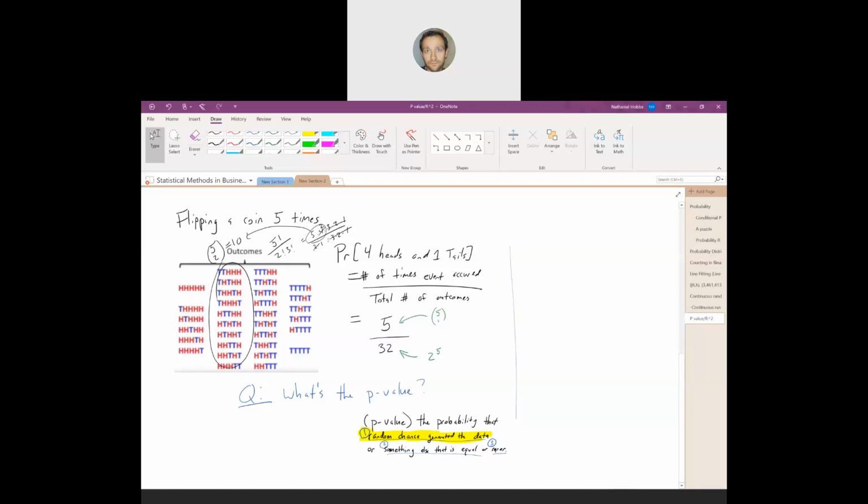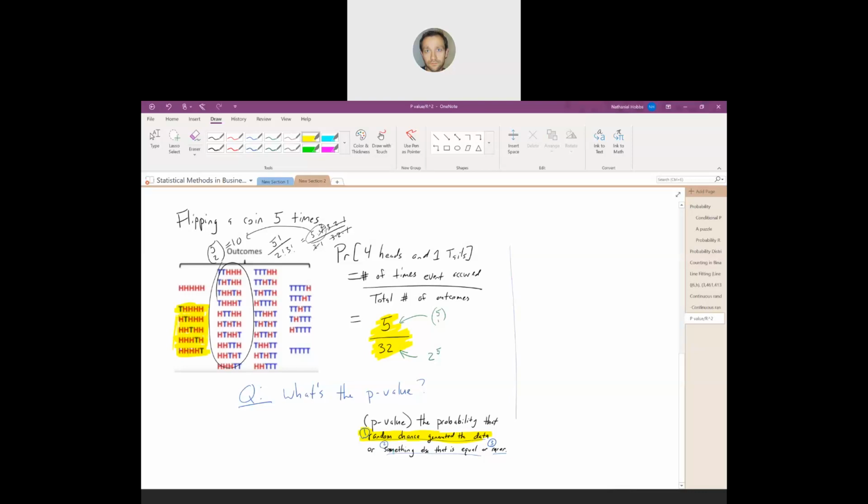We've already calculated it here, in fact. Oh, so it would be the number of times the event occurred, so it would be 5 over 32? 5 over 32, very good. So this part is with a fair coin. This is the probability that you might see 4 heads and 1 tail, just by random chance.